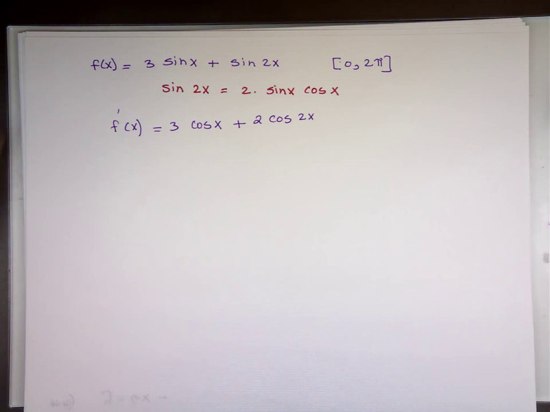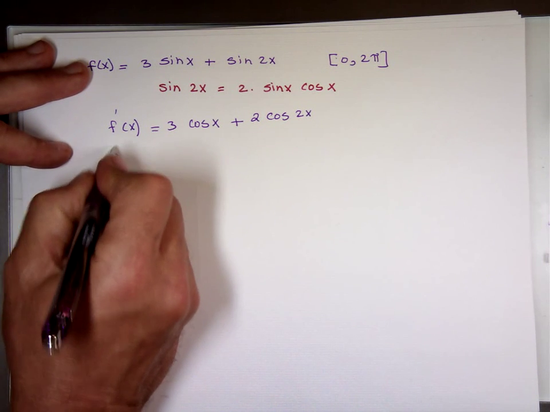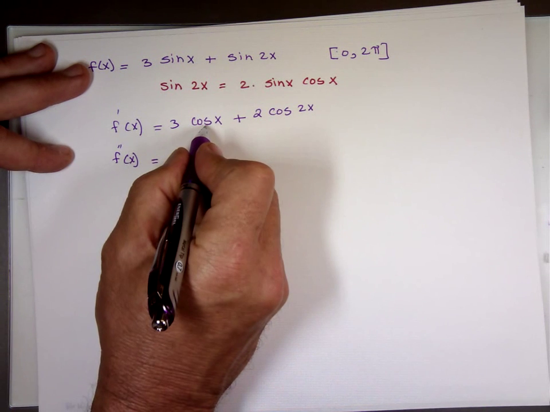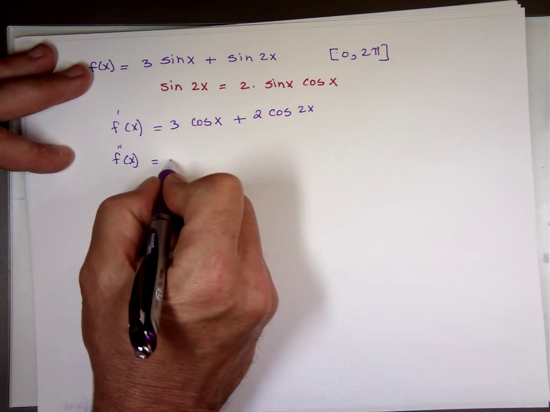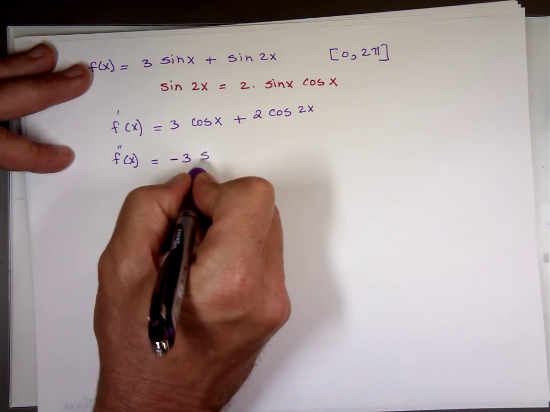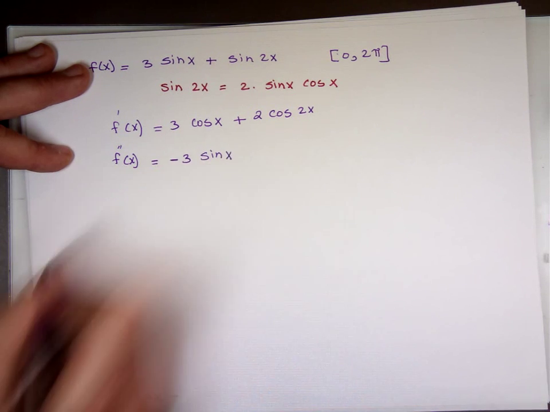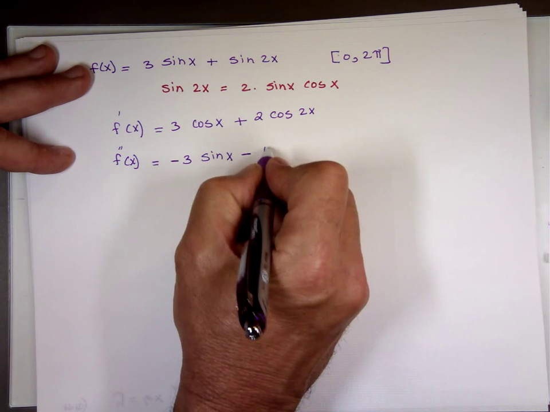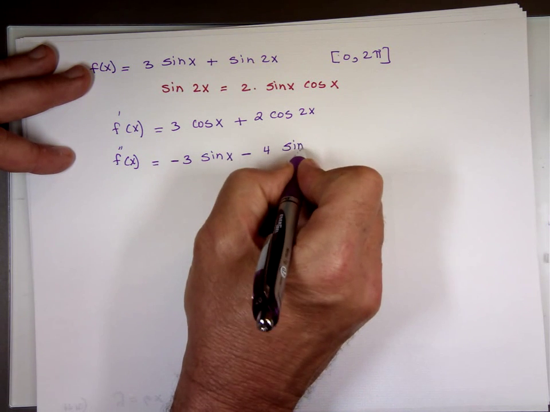My second derivative now, because I need the second derivative. Derivative of cosine x is what? Negative sine of x. This will be a minus 2 times 2, 4 sine 2x.